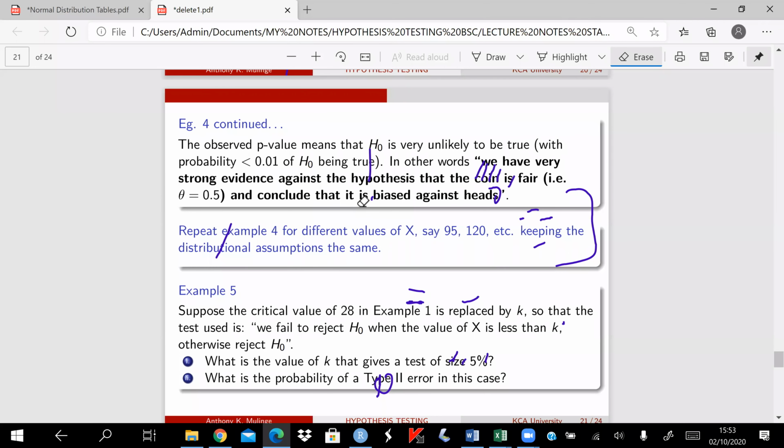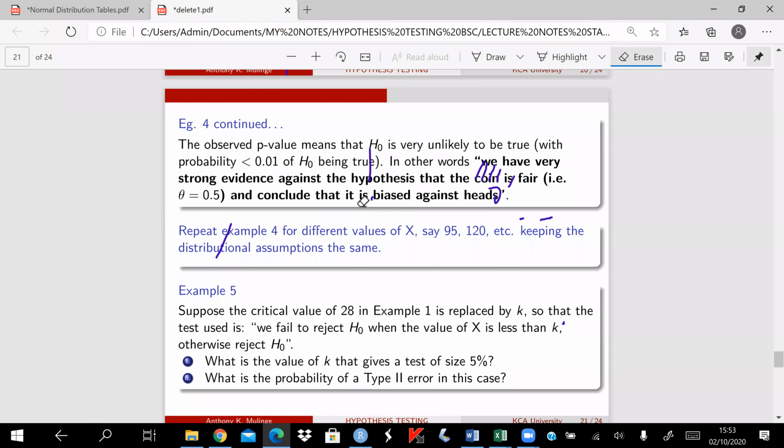The question is, what is the value of K that gives a test of size 5%? In other words, what is the value of X that will give you an alpha of 5%?